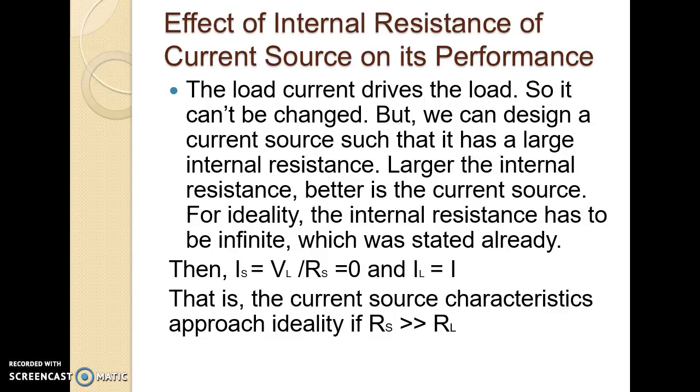Then, if internal resistance Rs is infinity, then IS equal to VL by Rs is 0, so IL equals I. That is, the current source characteristics approach ideality if Rs is much greater than RL. Mostly, electrical sources or supplies such as the AC mains, cells or batteries are best depicted as voltage sources.